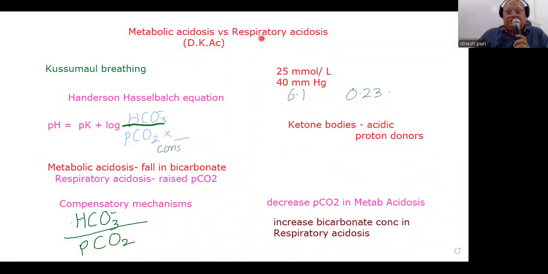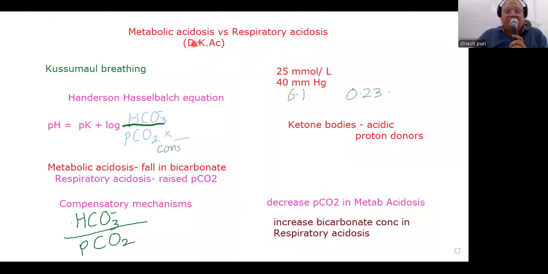Metabolic acidosis versus respiratory acidosis. How do we discriminate between the two conditions? I make this video based on responses by several students in recently concluded vivas I was part of, that in diabetic ketoacidosis, the student said there is Kussmaul breathing, deep and fast breathing, etc. So therefore, it is a case of respiratory acidosis, which is absolutely wrong answer.